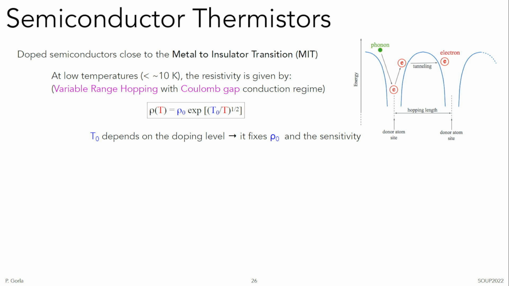So, semiconductor sensor. Again, we are speaking of something which is acting as a thermometer, and these are semiconductors that are doped to get close to the metal to insulator transition, and this kind of semiconductor at low temperatures has a resistivity expressed by this formula here. So you see that there is an exponential correlation between the temperature variation and the resistivity.